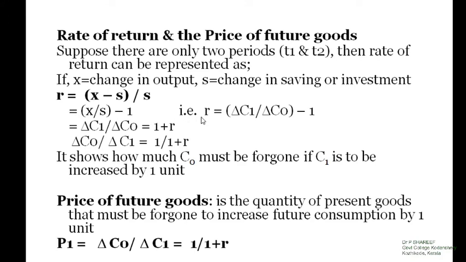That can be written as R is equal to delta C1 by delta C0 minus 1.